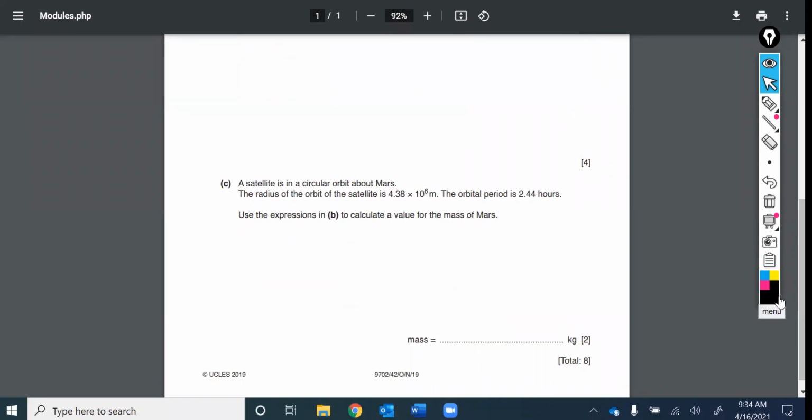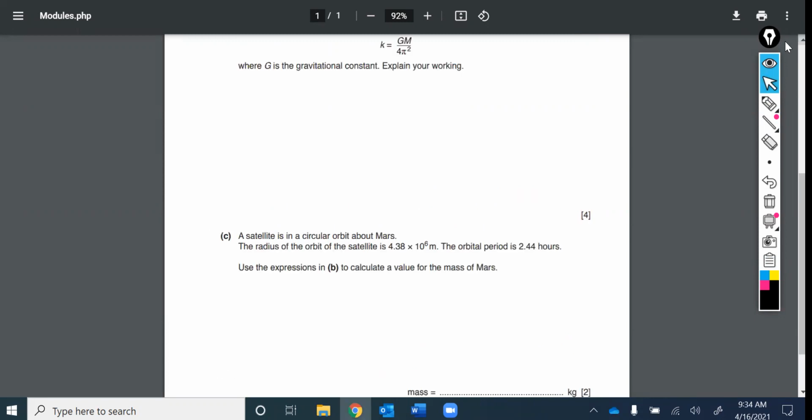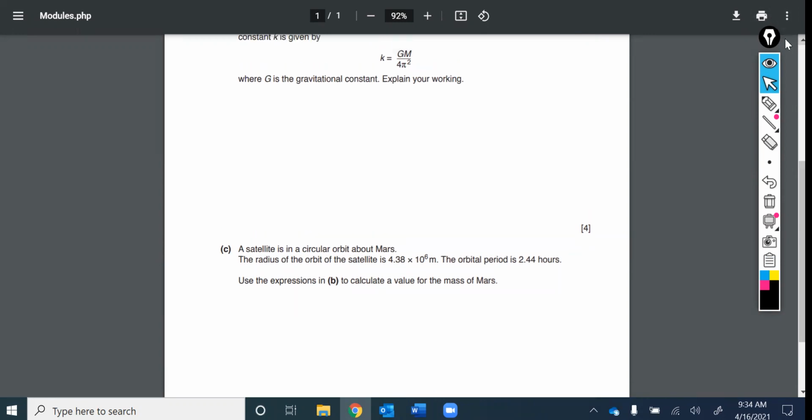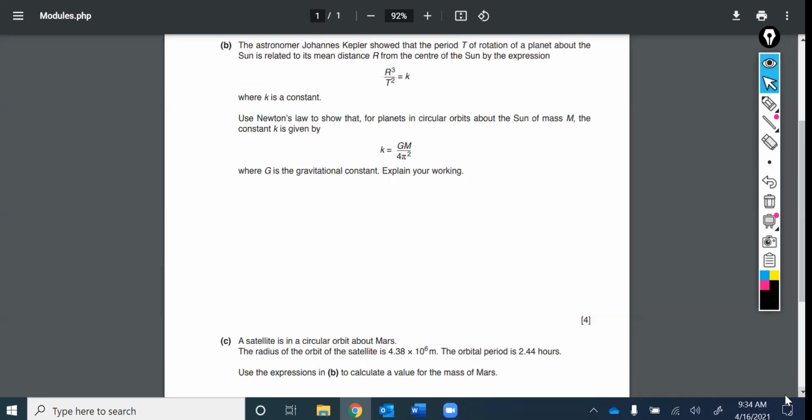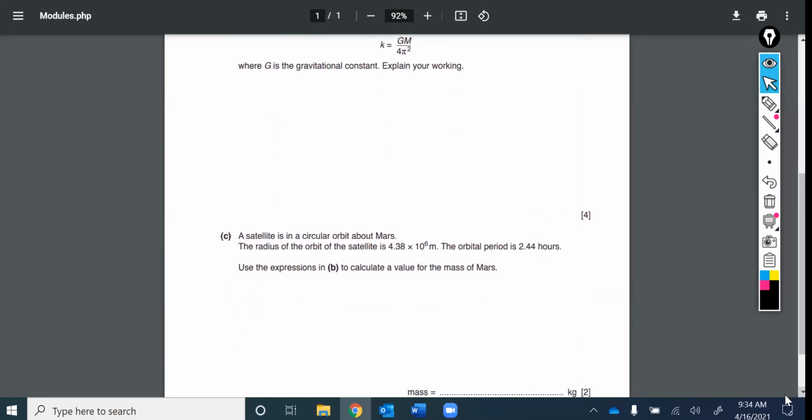So now we're going to calculate a value for the mass of Mars. So we said that k was r cubed over T squared, and it's equal to GM over 4 pi squared.